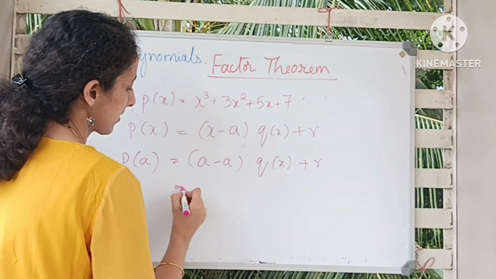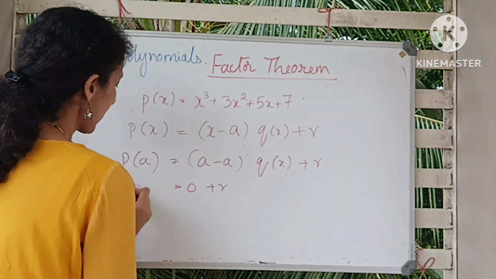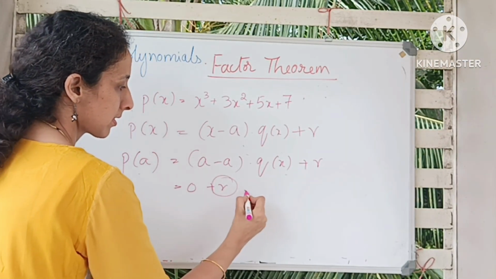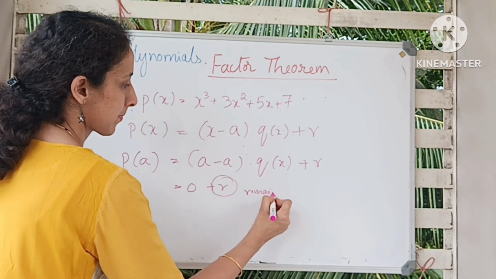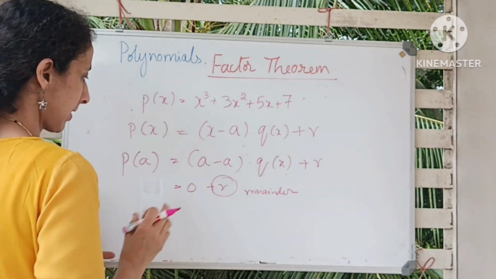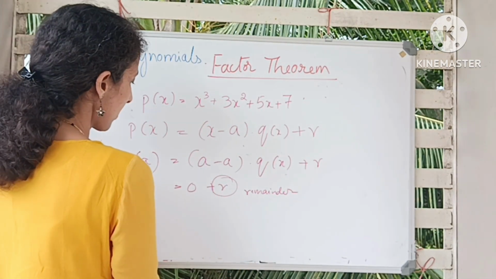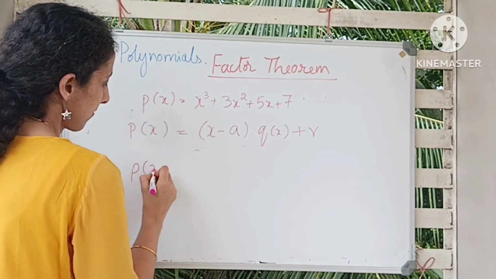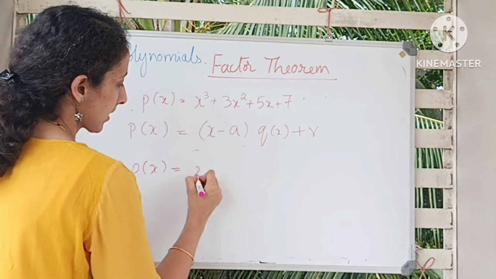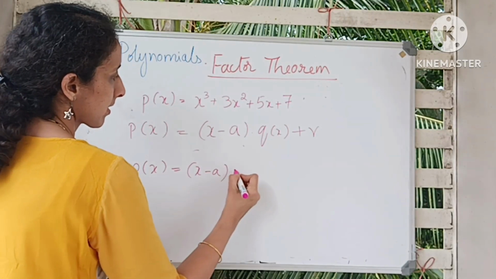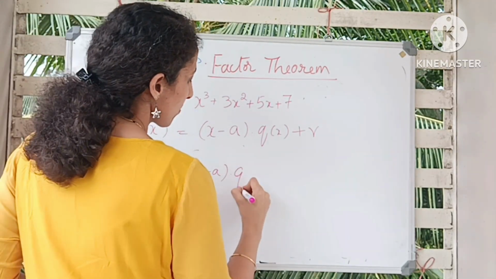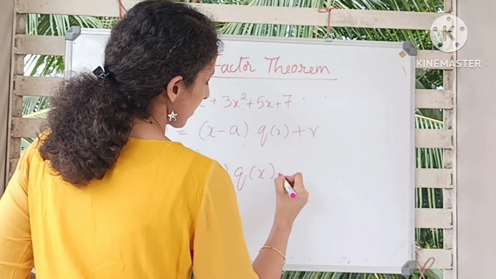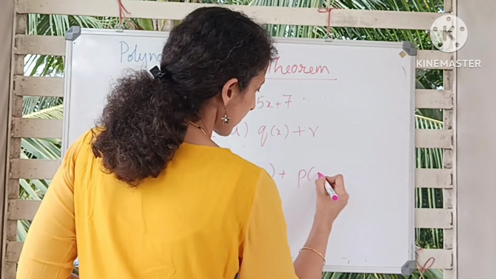This becomes 0 plus r. So p of a becomes the remainder. That is why we can say that p of x is equal to x minus a into q of x plus p of a.